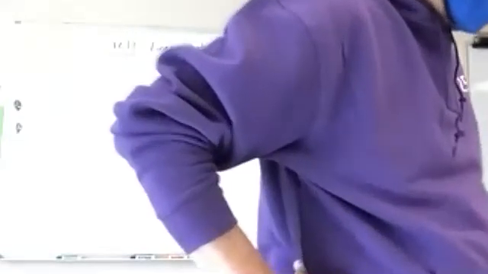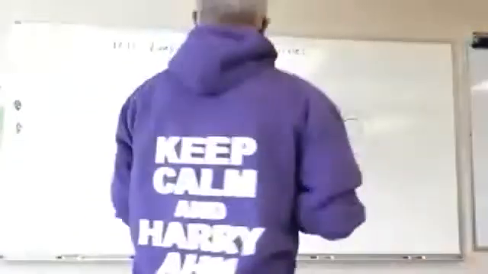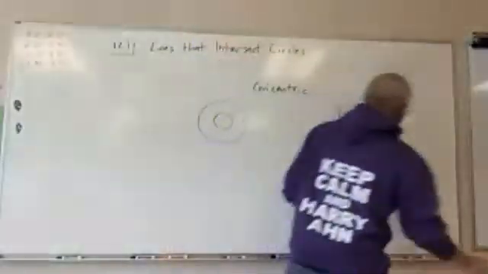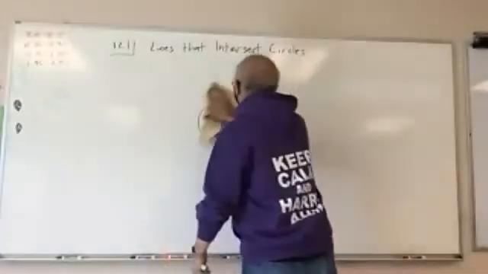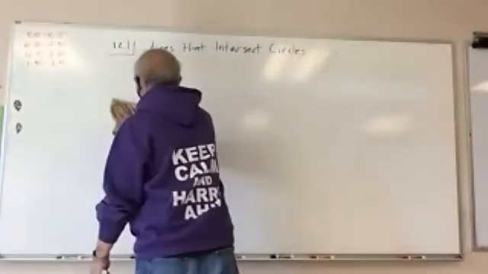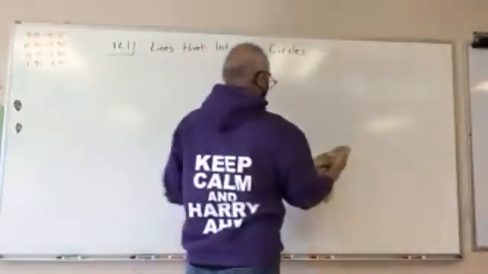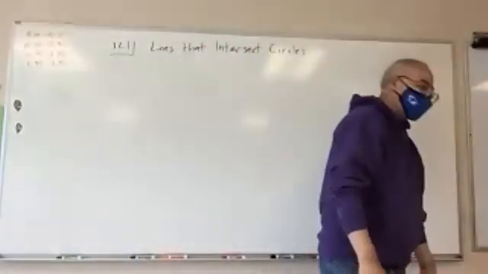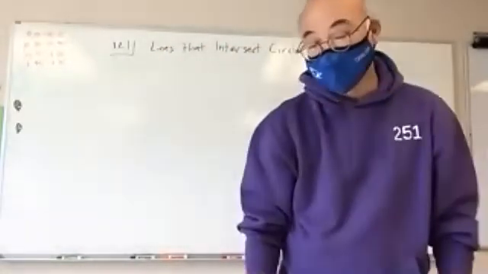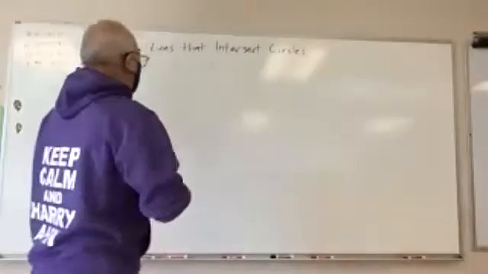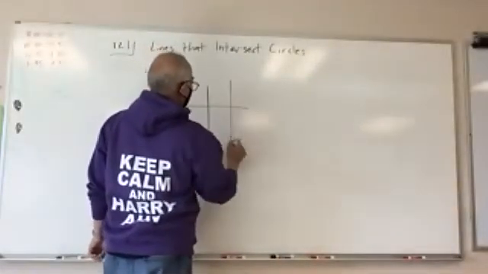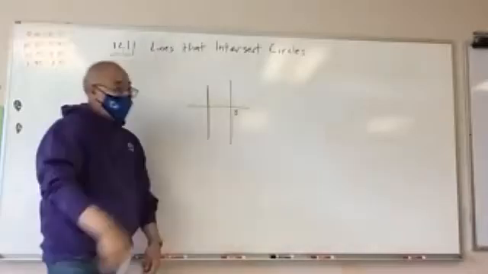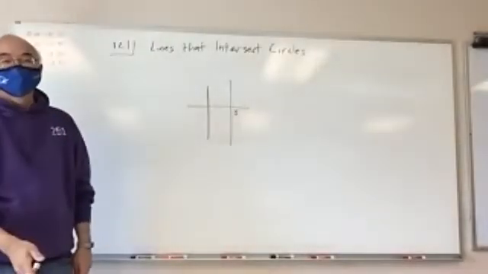That line, the equation for the line is going to be what? X is equal to 3, right? Which has a what kind of slope? What kind of slope do we call that? Undefined, right? Why is it undefined? Because everything goes straight up and down.